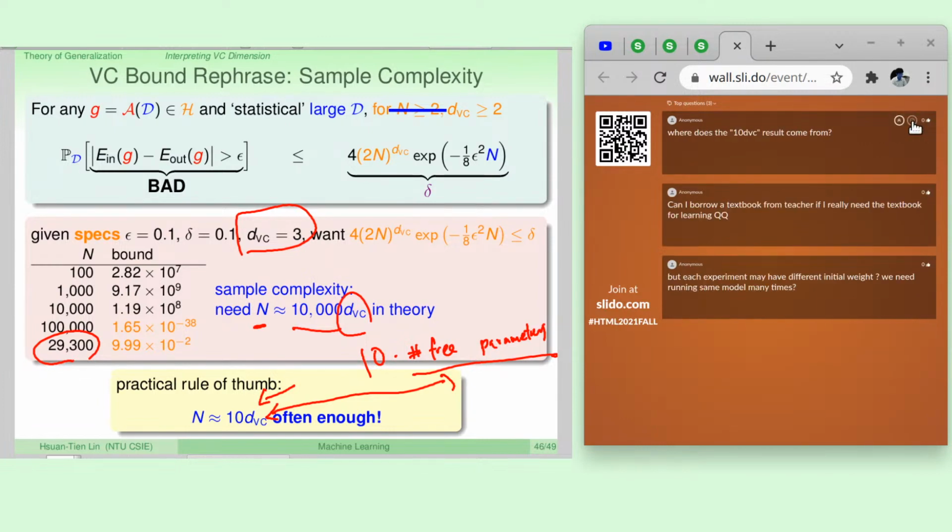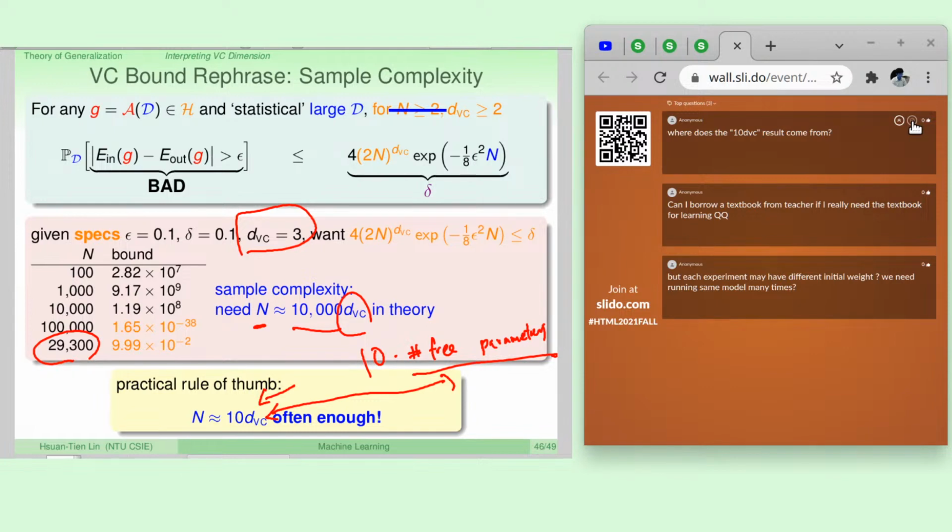Where does the 10 times dVC result come from? Me. Okay, not just me. If you check the Learning from Data book, we list something similar inside the book too. But generally, me means it's experience, it's human learning, not machine learning.